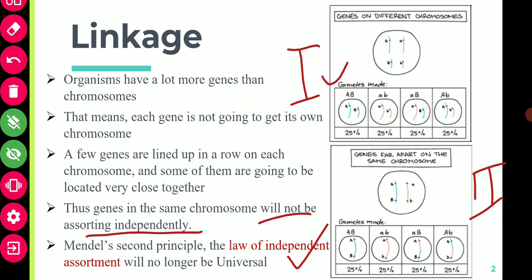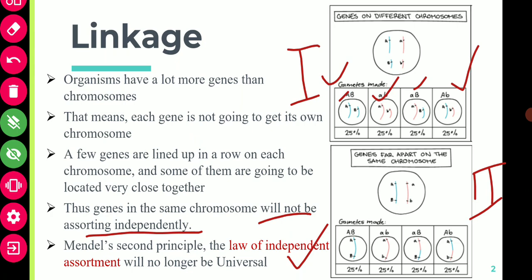They will produce capital A, capital B together, and small a, small b together, by independent assortment. These two are of parental type. The others are small a, capital B and capital A, small b. So all four combinations they will produce in equal proportion, that is 25% of each.